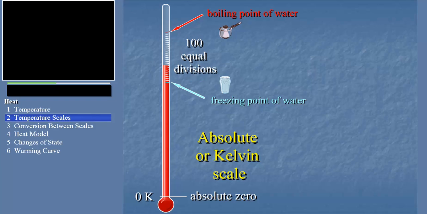We call each division a degree, and we make that the size of the degree in all temperature ranges. So we build up the degree scale from absolute zero using degrees of this size, and it turns out on this scale that the freezing point of water occurs at 273 K and the boiling point at 373 K. And on this scale, there are no minus degrees. All temperatures have a positive value.